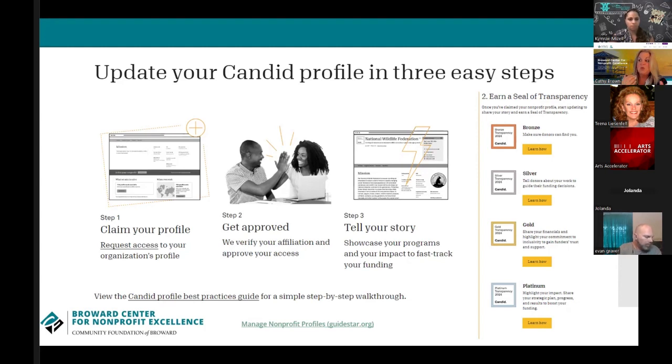It is simply a way that you can put in information about your organization so that it's visible for donors and funders. Depending on the amount of information you share, you can earn these various seals. More of that will come out over time as to what that looks like, but those are the two aspects of this Candid profile that we're going to talk about and look at.